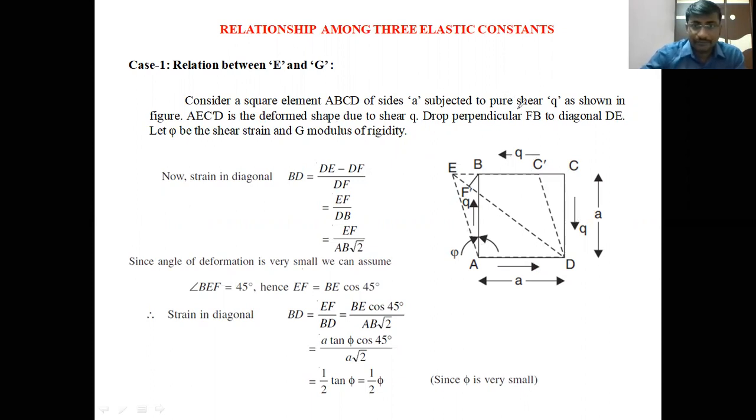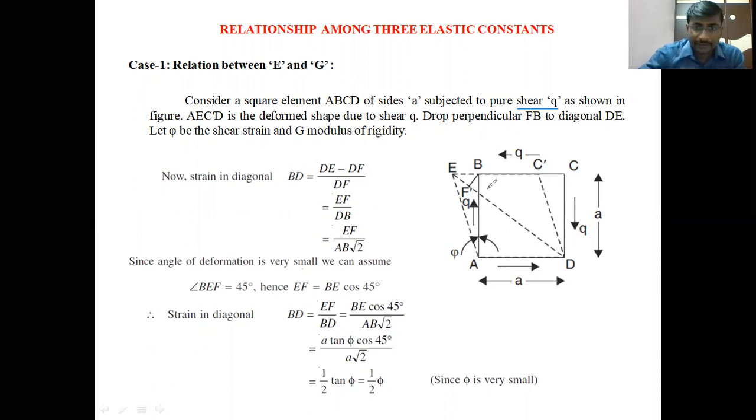So the element is subjected to pure shear Q as shown in the figure. AEC'D is the deformed shape after applying the shear force or shear stress. Deformed shape due to shear Q.